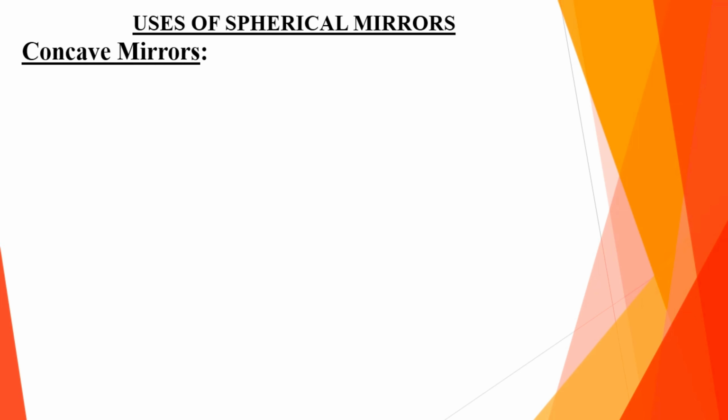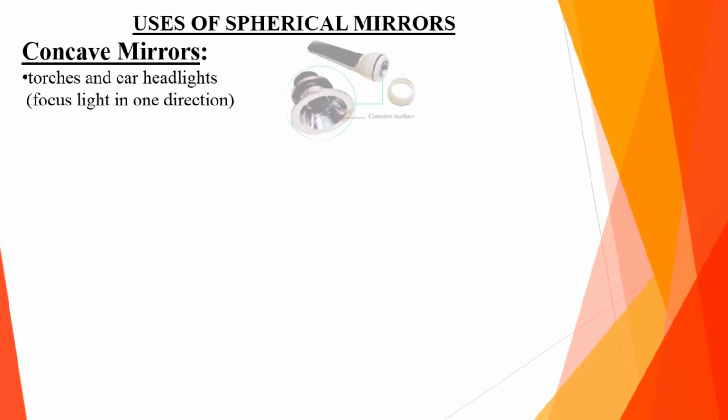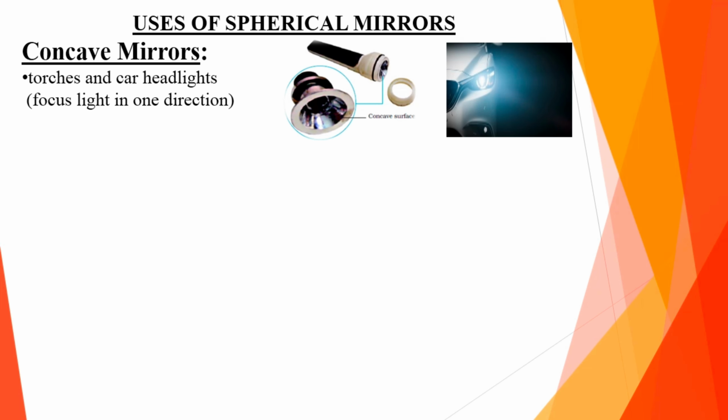So next is uses of the spherical mirrors. First is concave mirror. Concave mirrors are curved inward and converge light rays. Because of their focusing ability, they have many practical applications. Torches and car headlight. Concave mirrors are used to focus the light from the bulb into strong narrow beam. The bulb is placed at the focus of the concave mirror, so the reflected rays travel parallel in one direction.